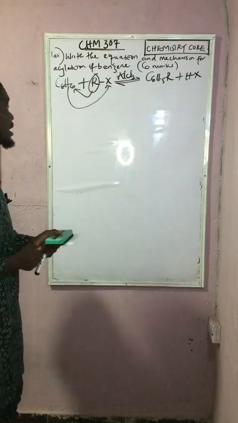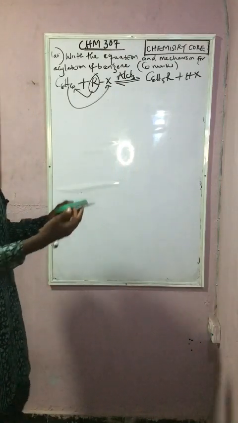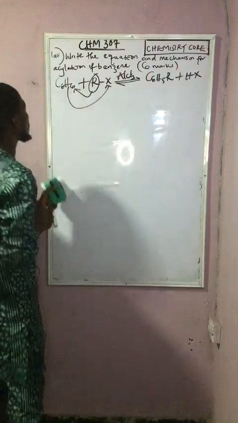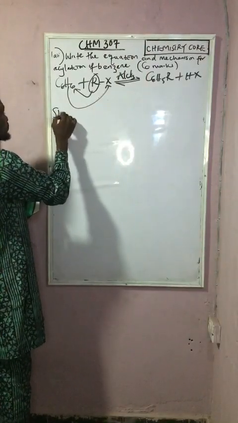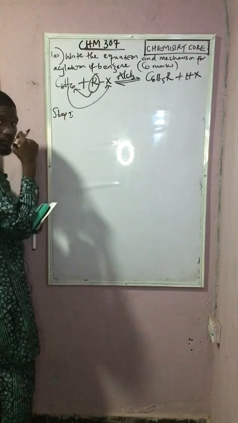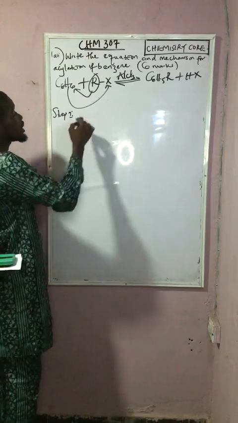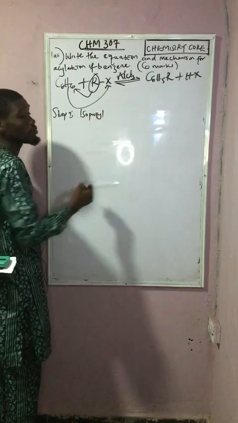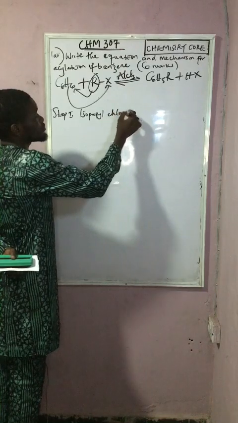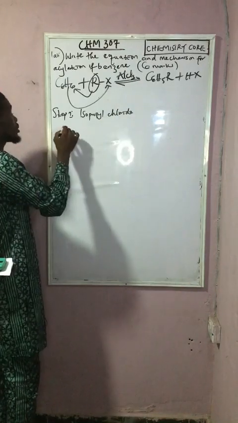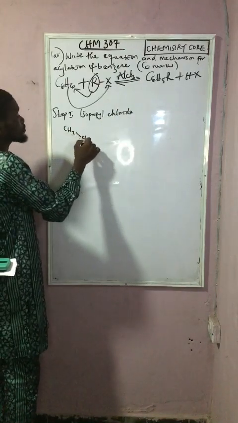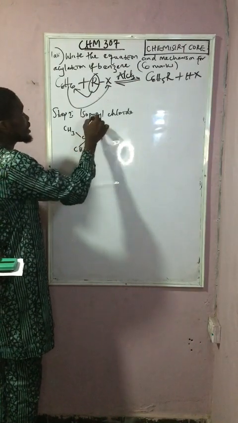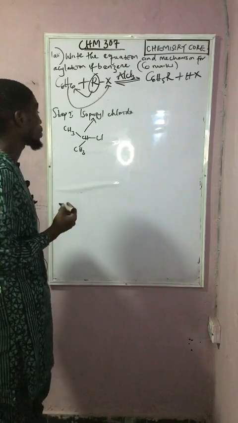Now let's take a look at the steps, and the steps we talk about here, we are dealing more of the what? The mechanism. So the first one is step 1. If we are given step 1, we're playing with isopropyl chloride. So now this, we have this. What we have here is isopropyl chloride.